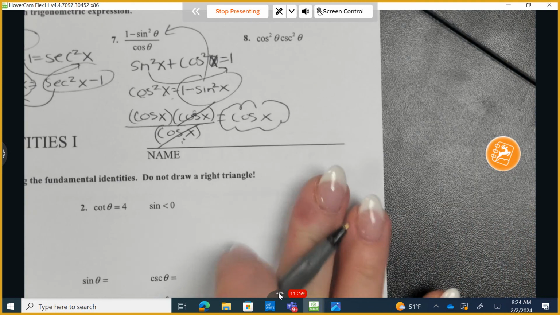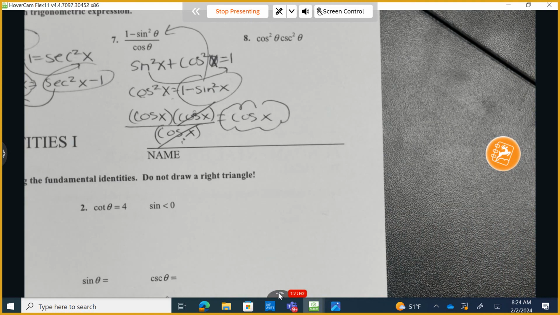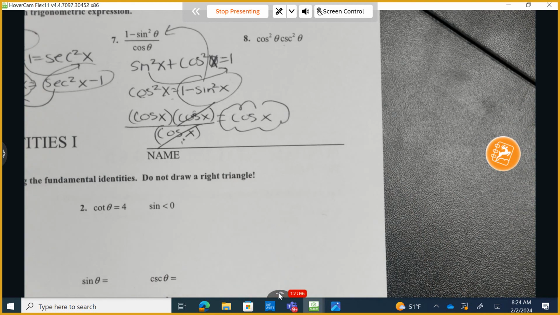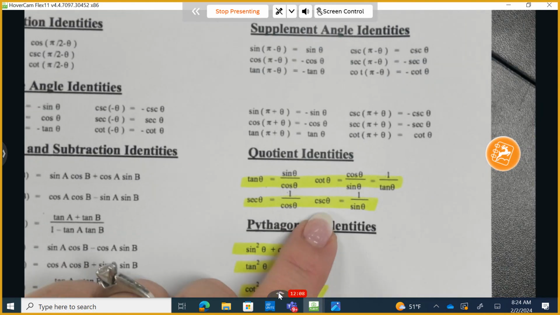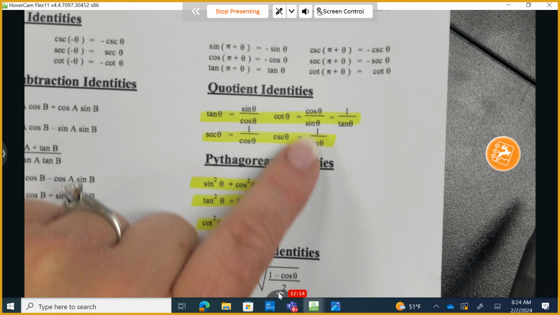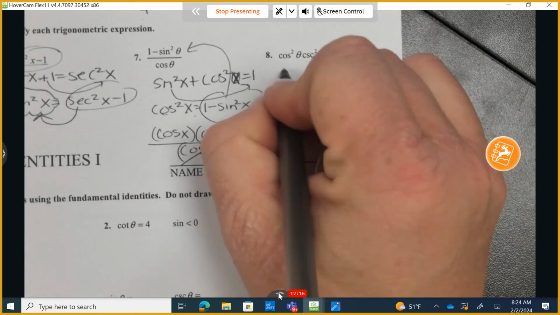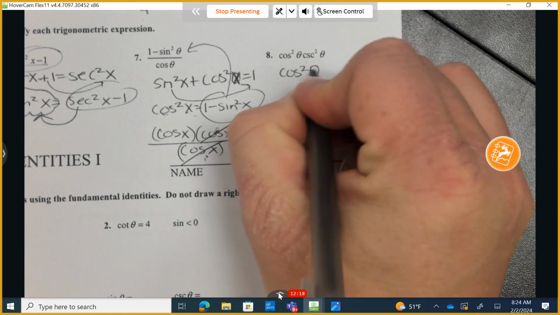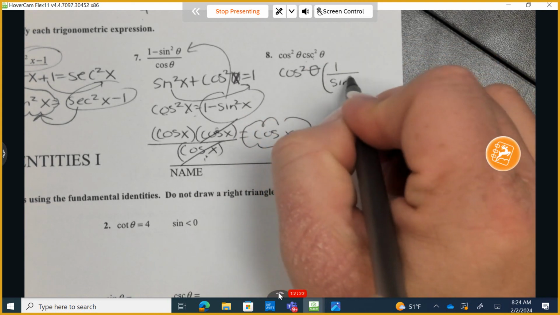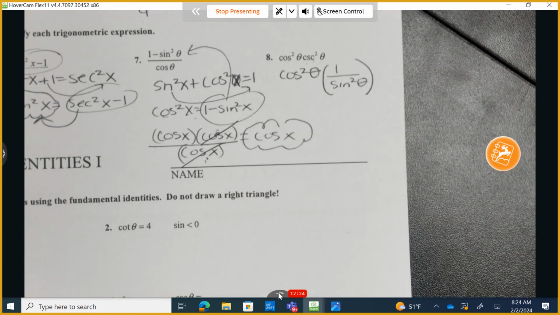Let's look at number 8. Now, secant, forget about squared. Let's just think about secant. Secant is the same as 1 over sine, so secant squared is the same as 1 over sine squared. Let's write this down. I already have cosine squared, and I'm going to replace secant squared with 1 over sine squared theta.